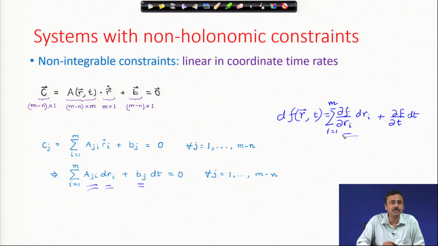Why? Because our constraint is actually non-integrable, therefore, we cannot actually write it that way, but just stretch your imagination a little and think about it, that if I had the constraints in this form, then what would I have done?